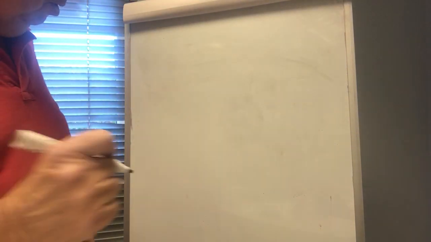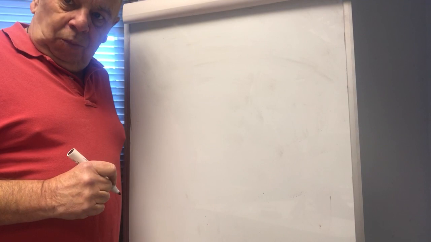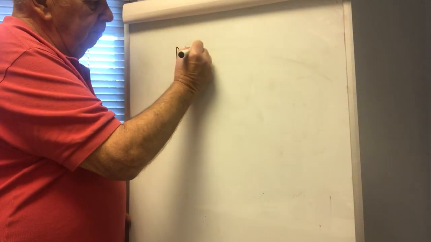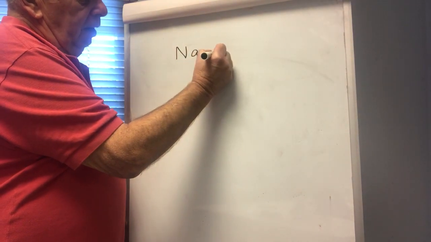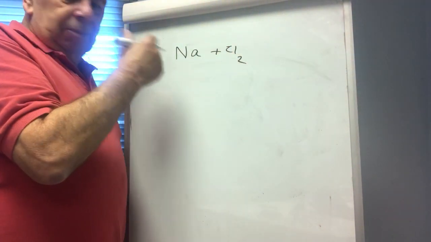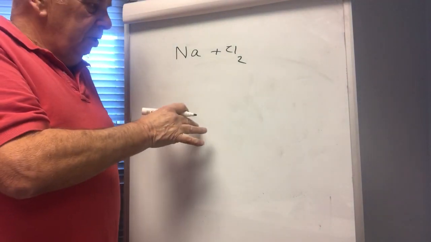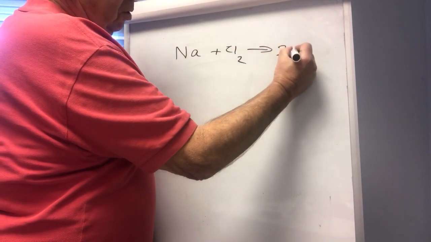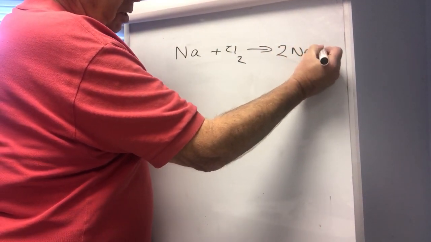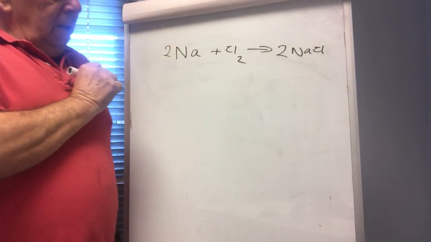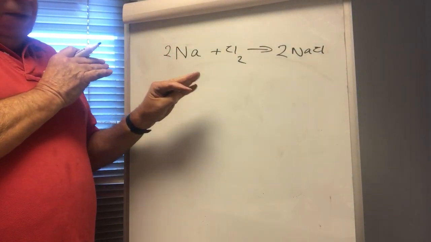Suppose I took a simple equation. Sodium reacting with chlorine. I'm going to balance it up in a moment, and I get 2NaCl. If I balance that up, that is the balanced equation.